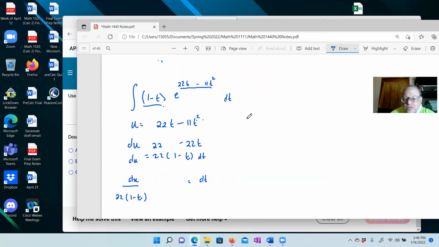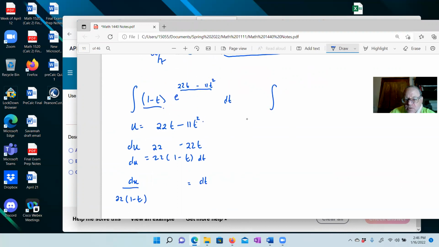When we go to substitute, we're going to have 1 minus t, e to the u, and my dt is du over 22 times 1 minus t. Notice the 1 minus t's are going to cancel. We slide the 1 over 22 off in front of the integral, and we have e to the u du, and that's today's integral.